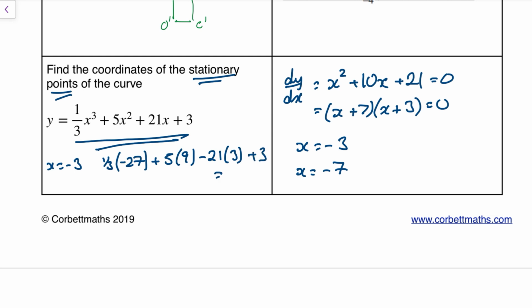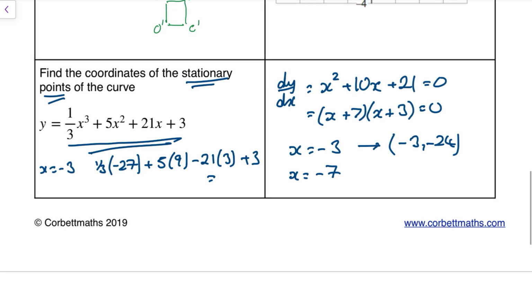I'm not even going to risk it, I'm doing it in my calculator, so it's minus 9, plus 45, minus 63, plus 3, which gives me minus 24. So the first one is minus 3, minus 24.